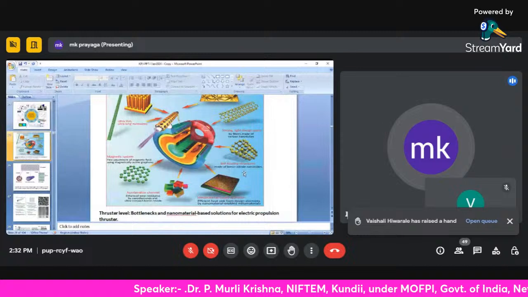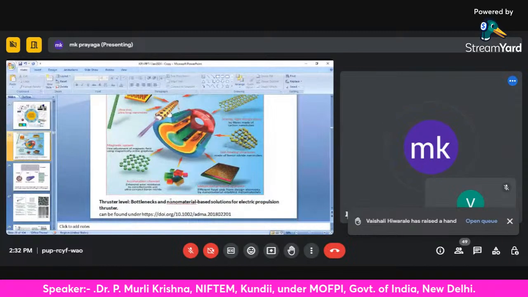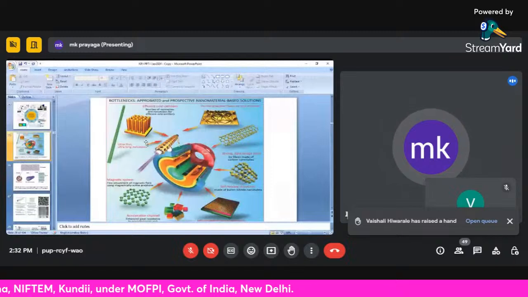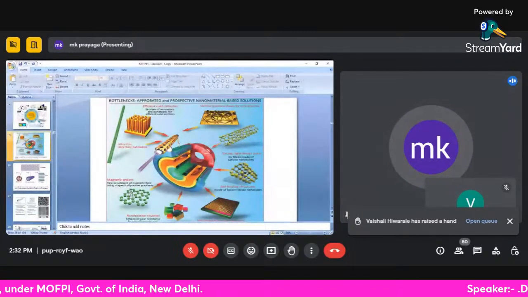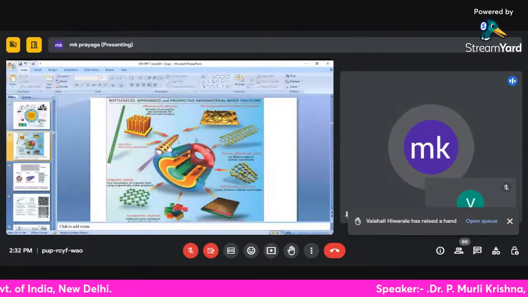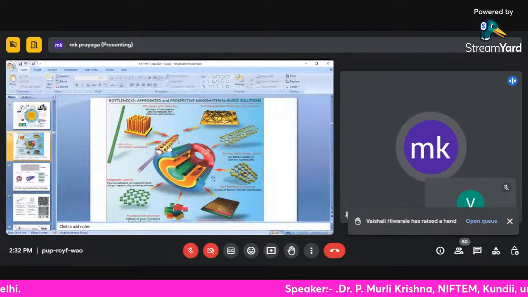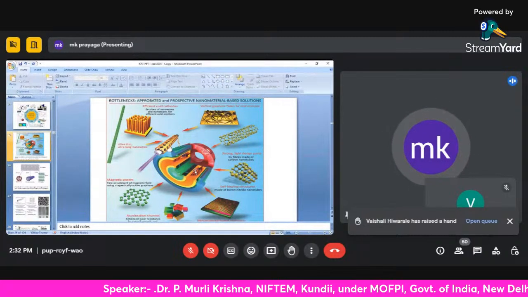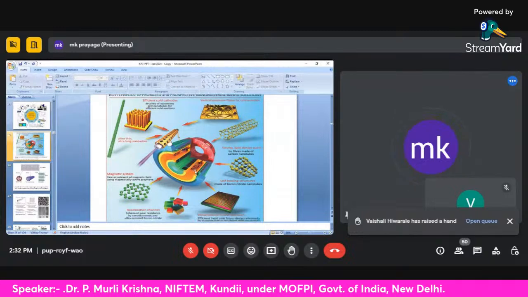So this is one of the papers which is published. They explain how cold cathodes as well as magnetic system tuning can be improved with these nanophase structures. So this is a good explanation you will find in this particular article.